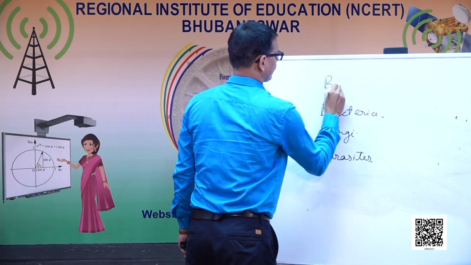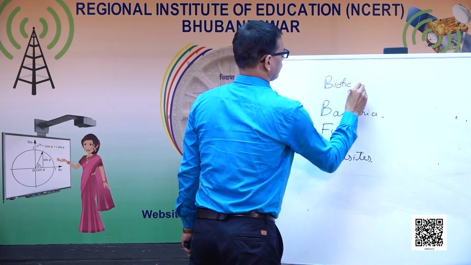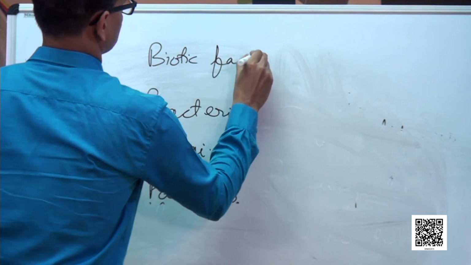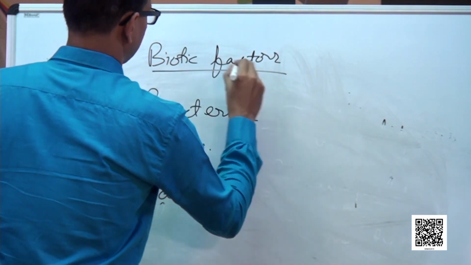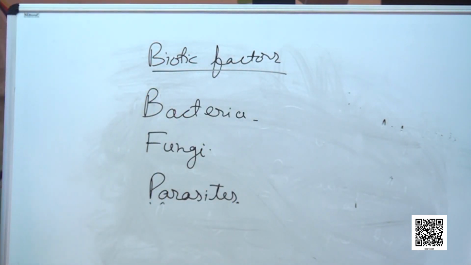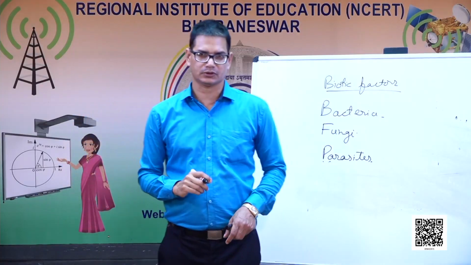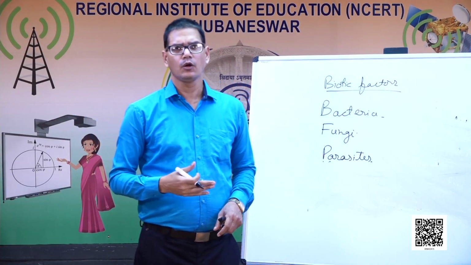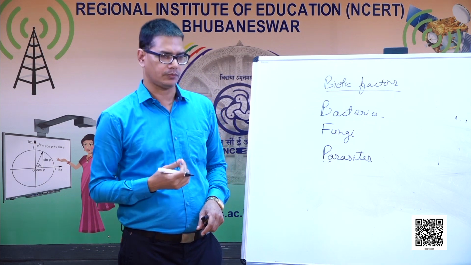Biotic factors. They damage the crops. Many of these damage the crops, and it results in the poor production of the crop.